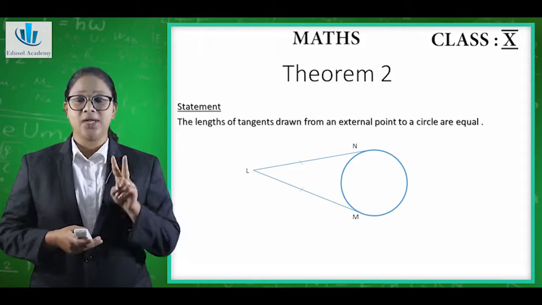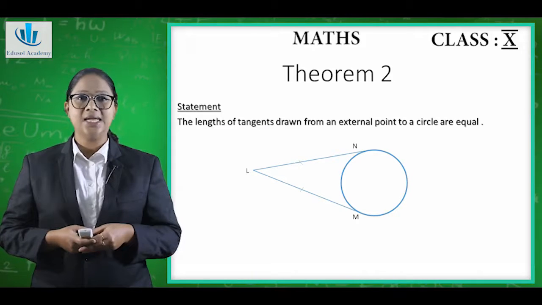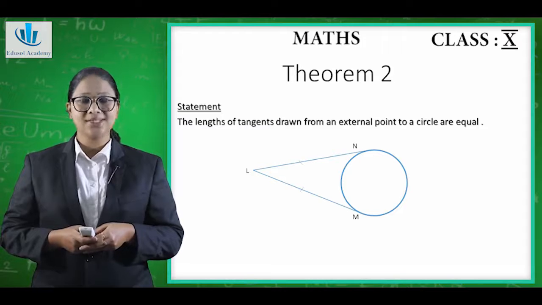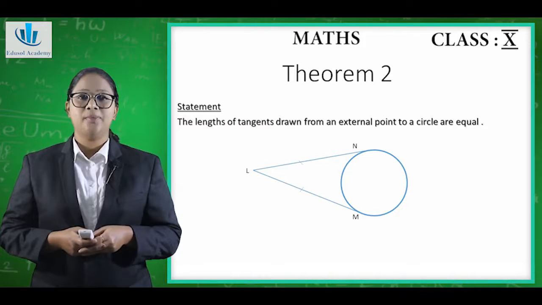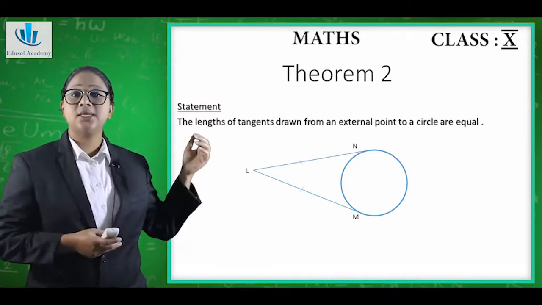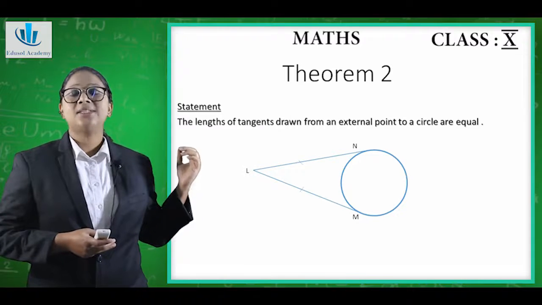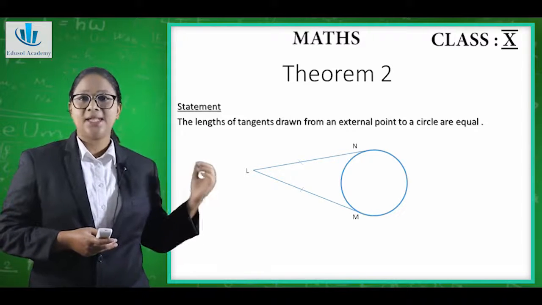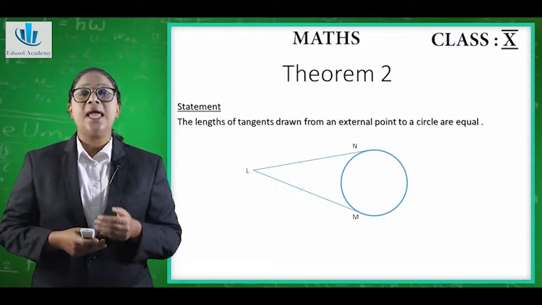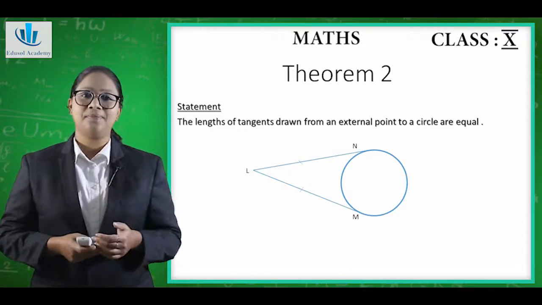Now moving on to Theorem 2, it states that the lengths of tangents drawn from an external point to a circle are equal. Look at the illustration here. You can see there is an external point L and two tangents LM and LN are drawn to the circle. So, according to Theorem 2, LM is equal to LN.